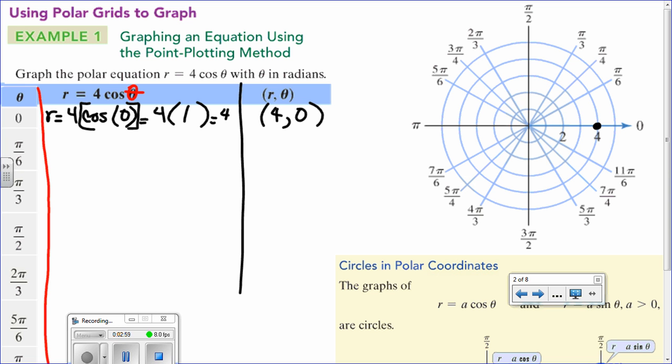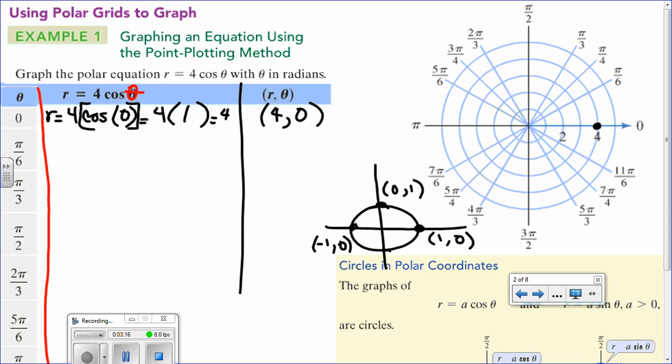So for the next one, I'm going to remind you of where cosine is. Right here, you already know the coordinates are 1, 0. Here at pi over 2, we have 0, 1. Here we have negative 1, 0. And here we have 0, negative 1, right? We're going to be using the angles in the first and second quadrants.